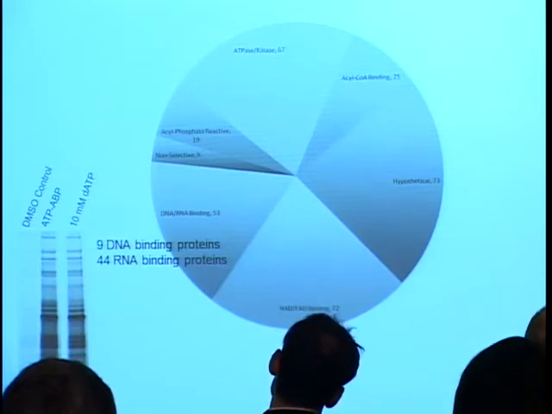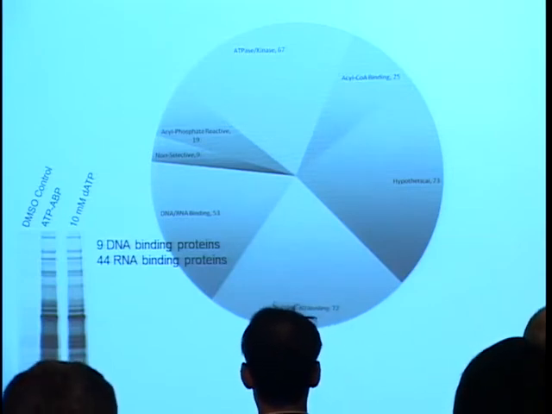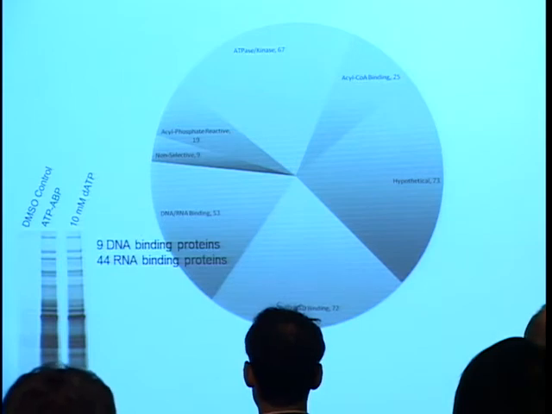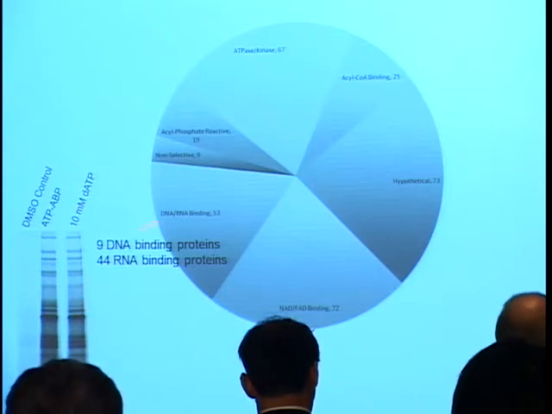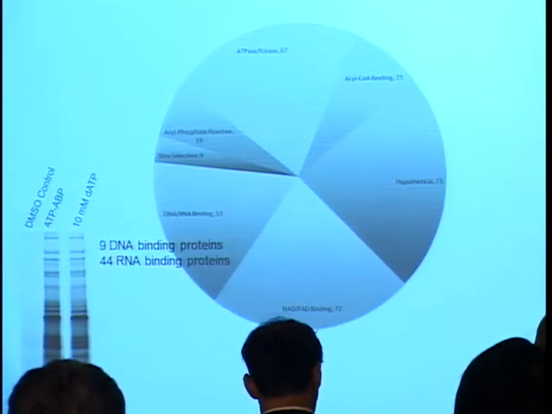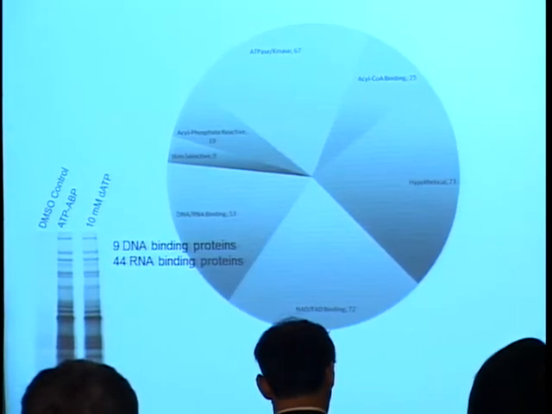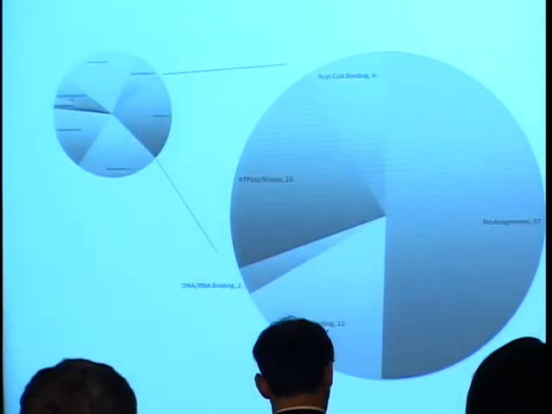And then there's this group of DNA RNA binding proteins, which puzzled us initially because we didn't quite understand if the probe binds as a cofactor or if it actually binds in the RNA-DNA binding site. We know that dATP doesn't compete with the probe, so we parsed these a little further and saw that most of these are RNA binding proteins, for which it would make sense if the ATP probe actually binds in the RNA binding site.